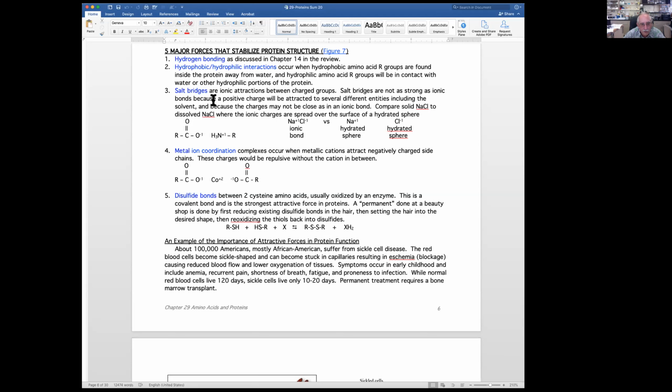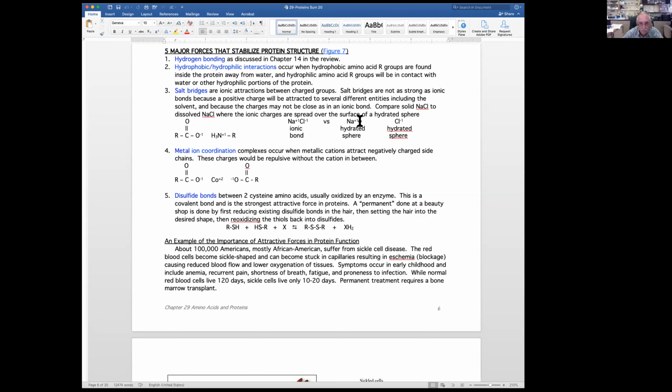Then salt bridges are another one. Okay, so why do we not call this an ionic bond? It is an ionic attraction, but it's not as strong as an ionic bond. Like here's an ionic bond, right, between sodium and chloride. But if I put sodium chloride in water, I get this hydrated sphere and this hydrated sphere.